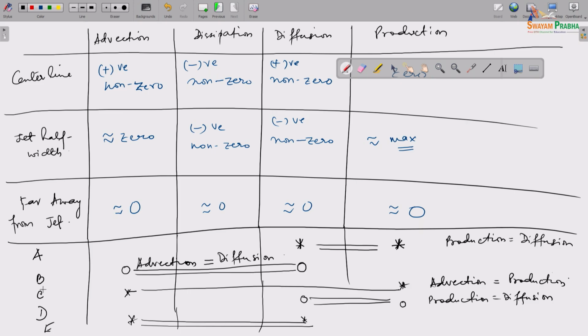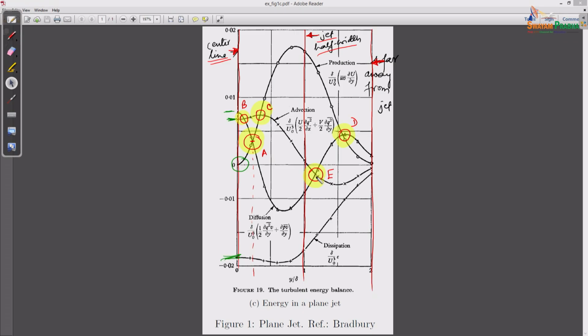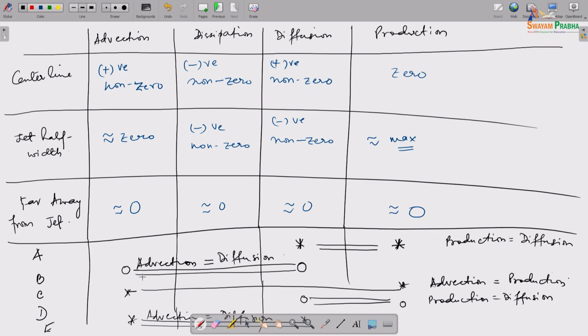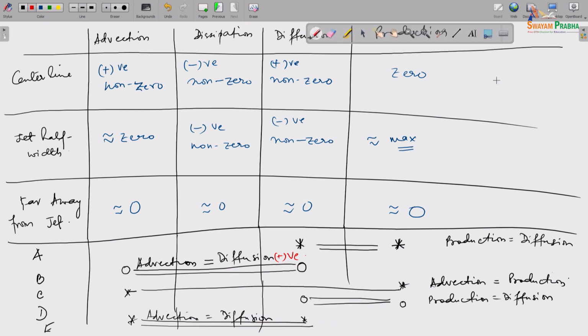This E is getting repeated, the same as B. At B also, advection is equal to diffusion, but this is positive, and at E it is negative, right? But they are the same, and the values are the same.